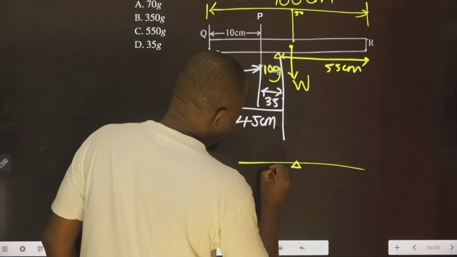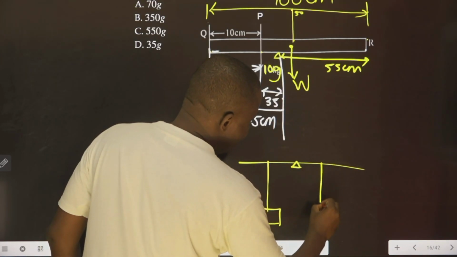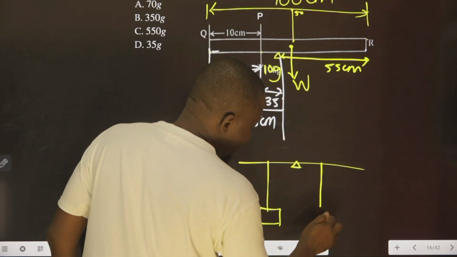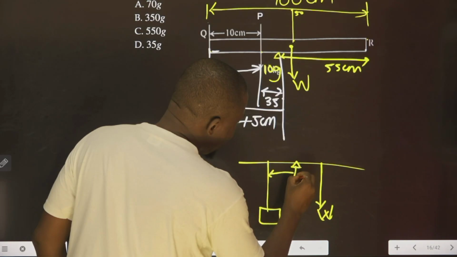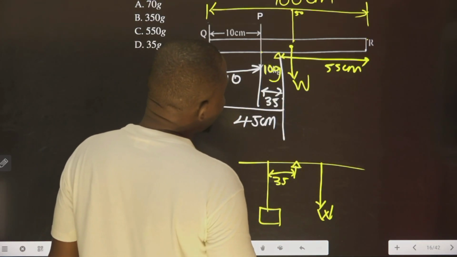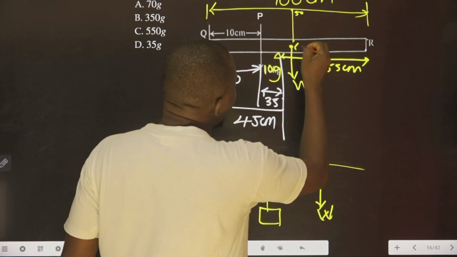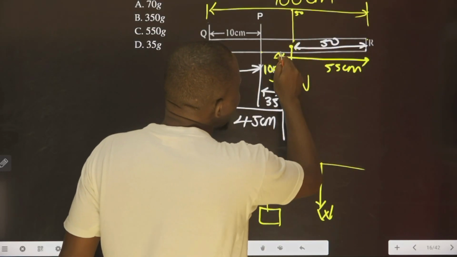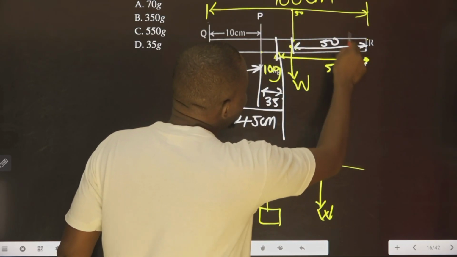Here, this weight, and the weight of, let's say this is W, the weight of the meter. Here to here, we have established is 35. Okay? Now, this is the center. Here to here, 50. But here to here is 55. It means to get here now, we say what? 55 minus 50, which is 5.